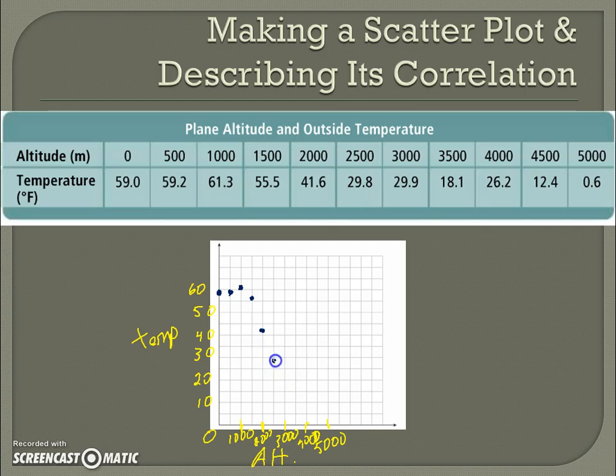Start having some big drops in that regard. And then here, 29.9. So that's basically the same at 2,500 or at 3,000. 3,500, I am down to 18. And you just go through and you plot all these different points. Where am I? 4,000 is 12. Oops, that'd be more like here.